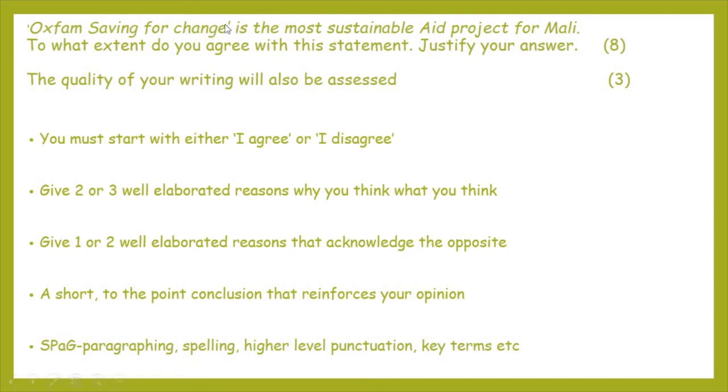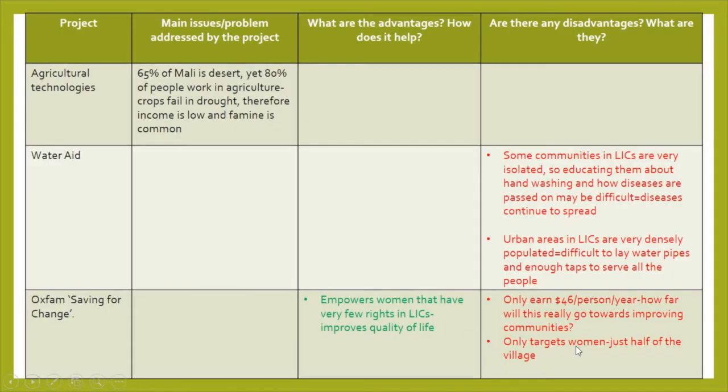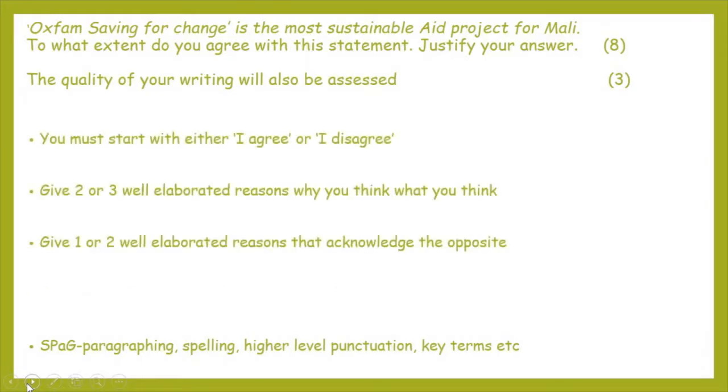If you decide to disagree, so you might say, I disagree, I don't think this is the most sustainable aid project. In this part of the answer, you're going to say why you think it's not sustainable. So you're going to be talking about this box. But what you can also say in this part is why you think some of the other projects might be more sustainable.